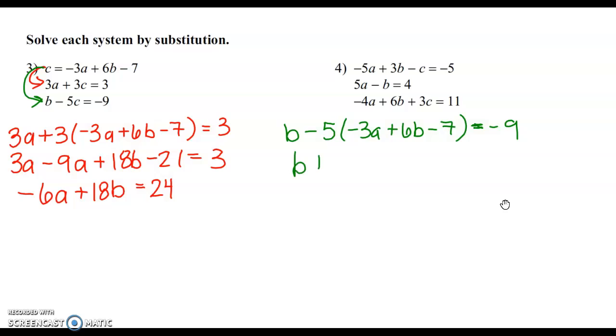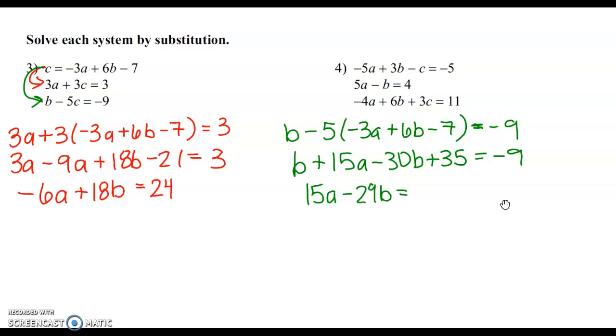So I have b plus 15a minus 30b plus 35 equals negative 9. Now let's see, I've got negative 29b. Oh, I should put my a's first. So I got 15a minus 29b. Subtract over my 35, I have negative 44.